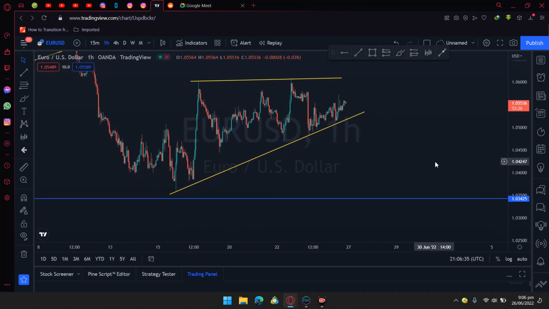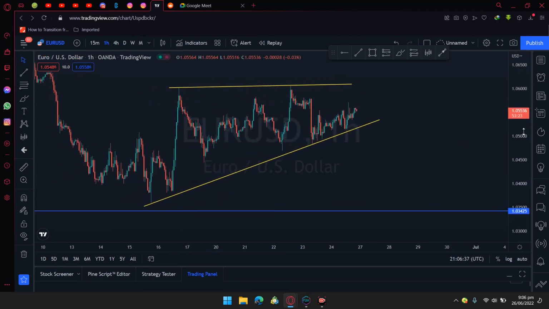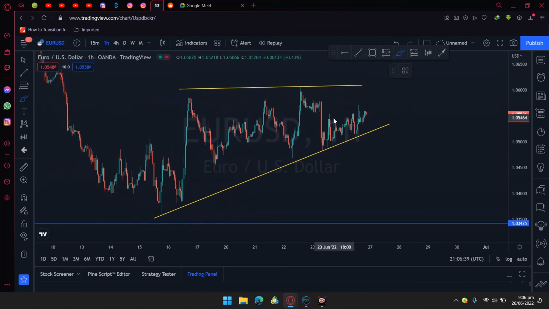And then when you look within it, you can see that after price pushes down, it forms a tight correction, pushes up, and pushes down again. So it's forming this type of correction again.